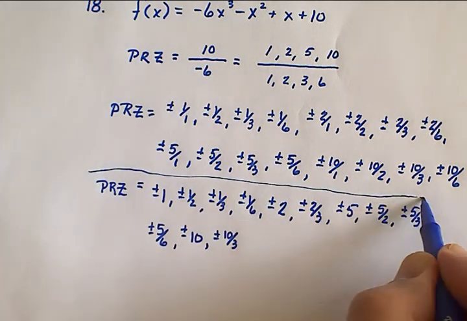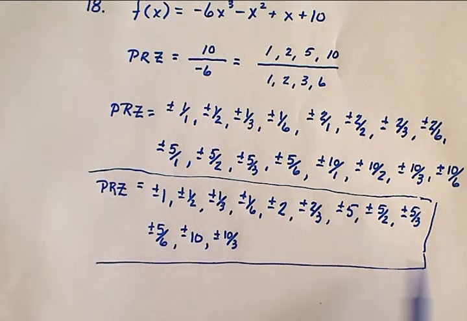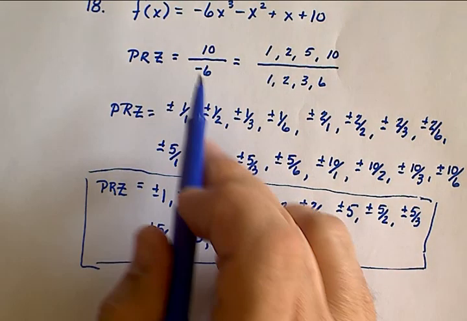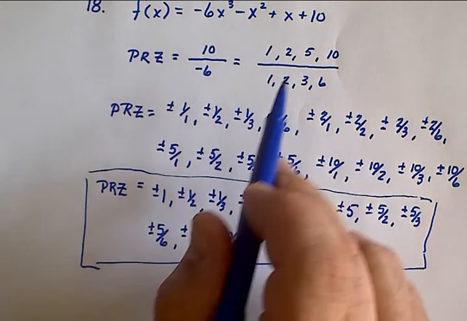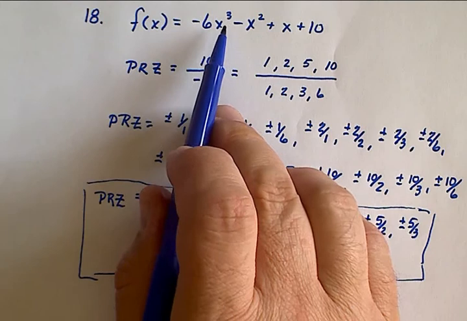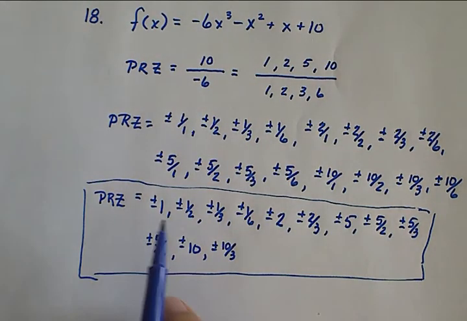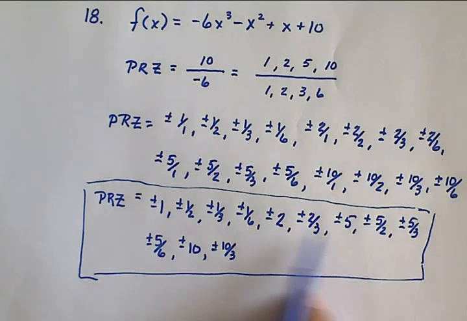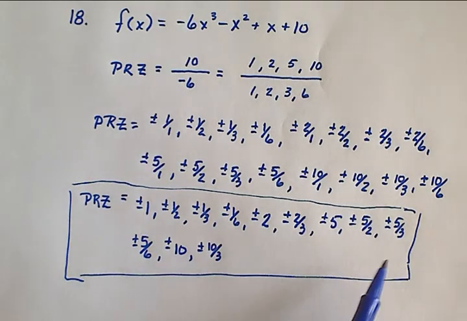Now, the original function up here was a third degree function, meaning it has a maximum of 3 possible rational zeros. They might all 3 be in this list, or maybe none of them are in this list. Okay, that's important because all I'm doing is using this list as a means to narrow down possible solutions.